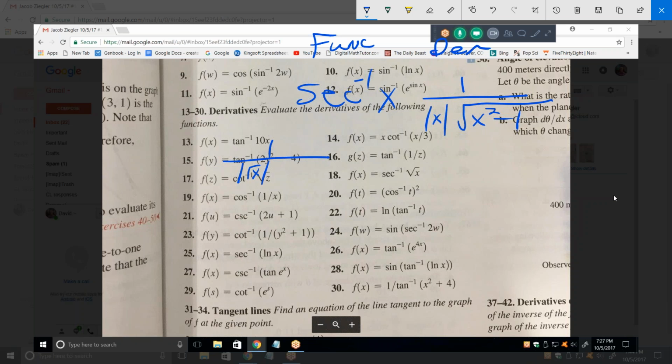Now, are you saying you don't need the absolute value sign there because it's a square root and it has to be positive? Yeah. Okay, that's fair. But notice the formula does need the absolute value. It's just that in this case, I happen to know that square root of x is always positive. There's no value for x where that can be negative. So I don't need the absolute value sign.